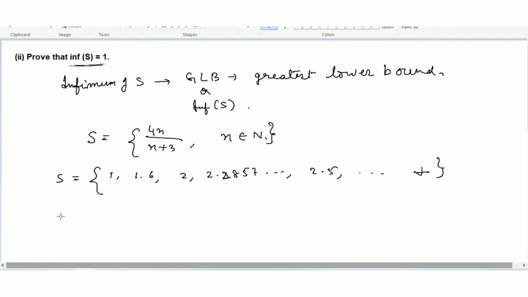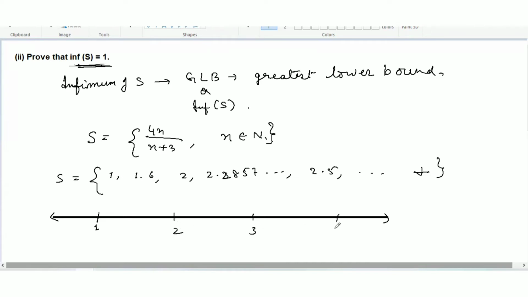Try to plot these numbers on a number line, and then I'll explain what the infimum of S is here. We have to prove that the infimum of S is equal to 1. So let's take 1 here, then 2, 3, and then 4, and it will continue.